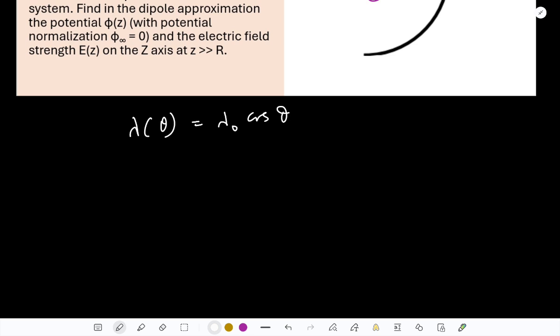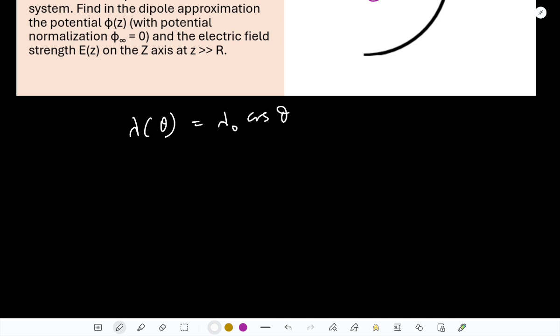So just calculate the value of lambda naught first from this given condition.